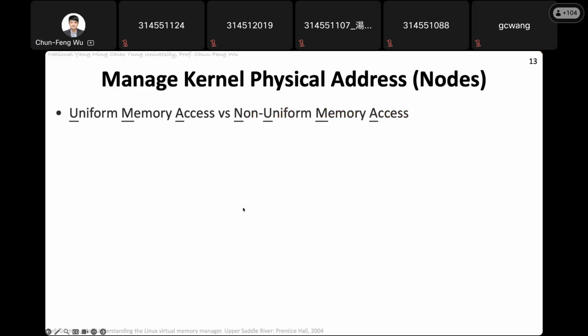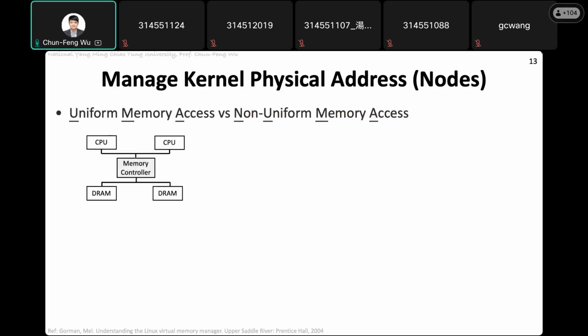So not only the zones, because zones are not enough. Let's think about our computer architectures now. There is a thing called UMA, Uniform Memory Access. Let's say you have 2 CPUs, and these 2 CPUs share the same memory controller. The memory controller can connect to the DRAM, right?